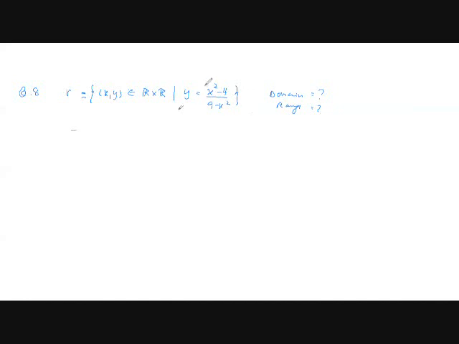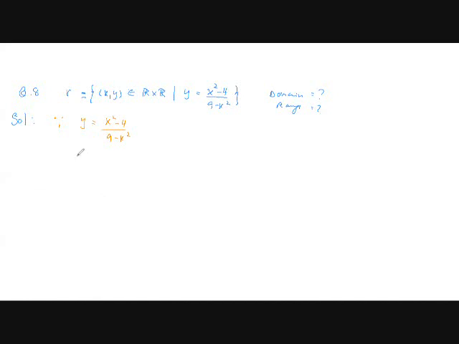Another way is like question number 1. I have another method also, but I think the easiest is to do it this way. Do the same way, right? Because we have y equals (x squared minus 4) over (9 minus x squared), you try to solve it out to get the value of x.